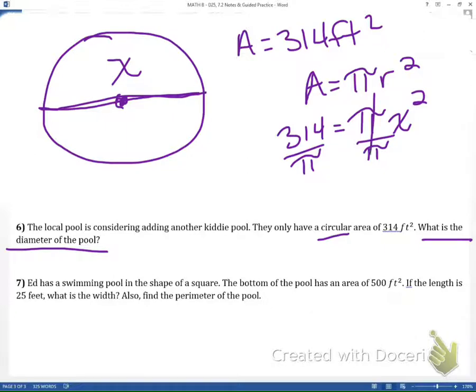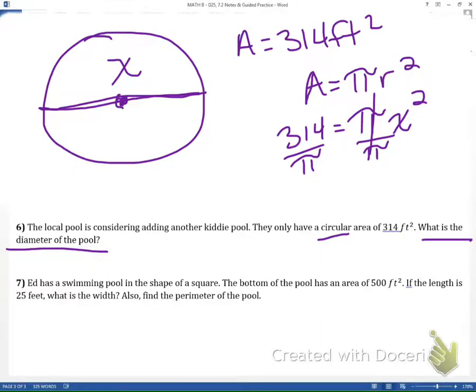They do on the right. So now you need to use your calculator and find out what 314 divided by pi is. Use your pi button on your calculator. When you're done, do not clear your calculator out. Leave it where it is. It's going to have some great big long decimal. That's okay.